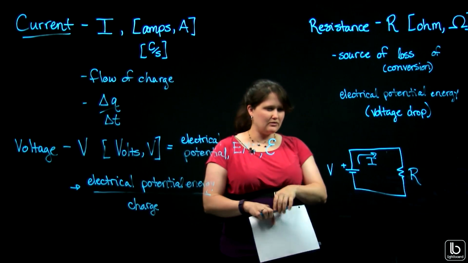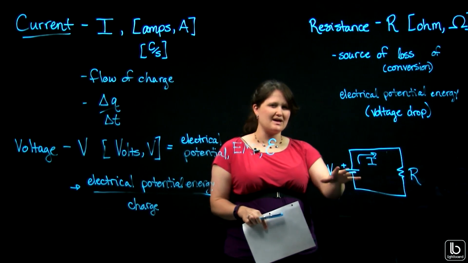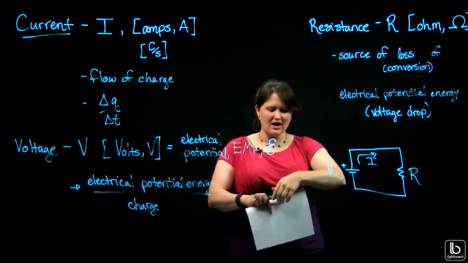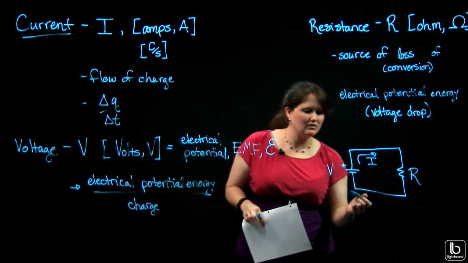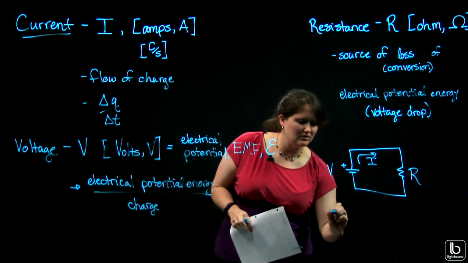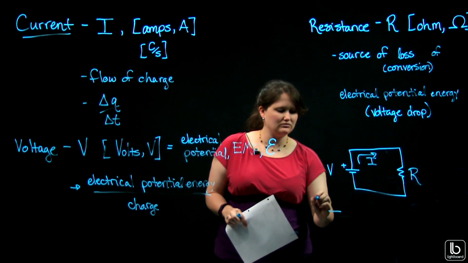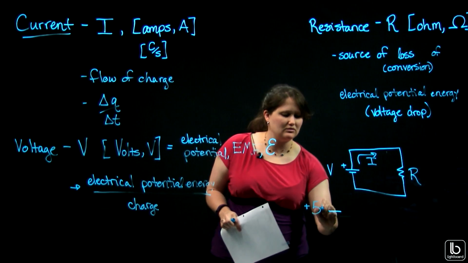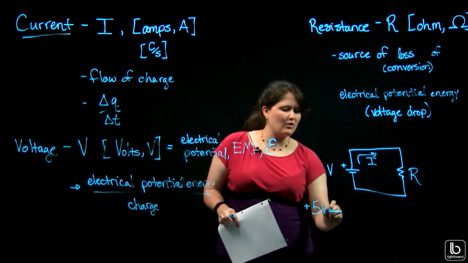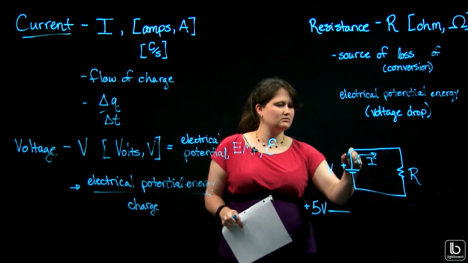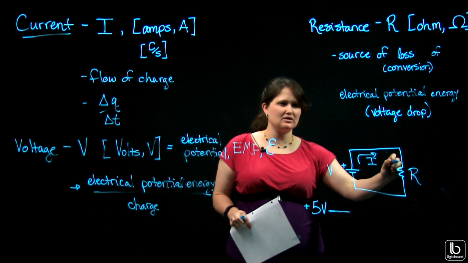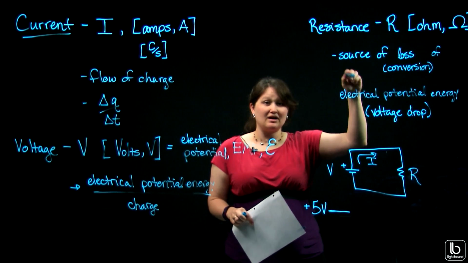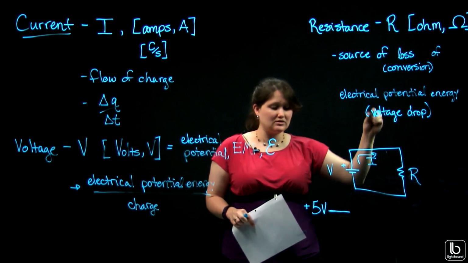Okay, so let's talk real quick about what's happening here. We've got voltage at some high point. So maybe we have a 5-volt power supply. And we're going along at 5 volts. All of this is at 5 volts until I come across my resistor, until I come across my source of energy loss.